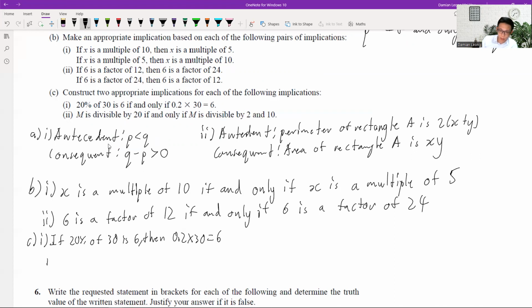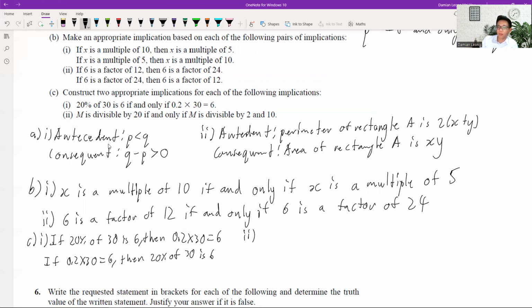So I can put the other way as well. If 0.2 times 30 equals 6, then 20% of 30 is 6. That's the two statements, two implications.